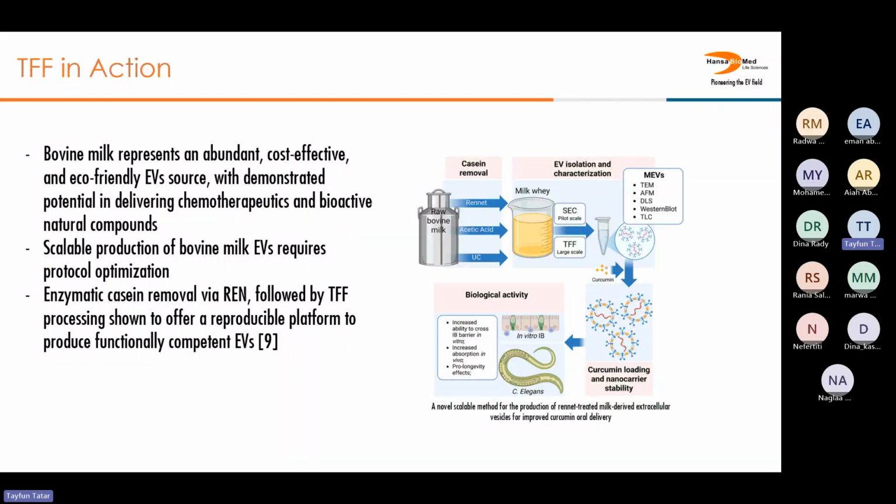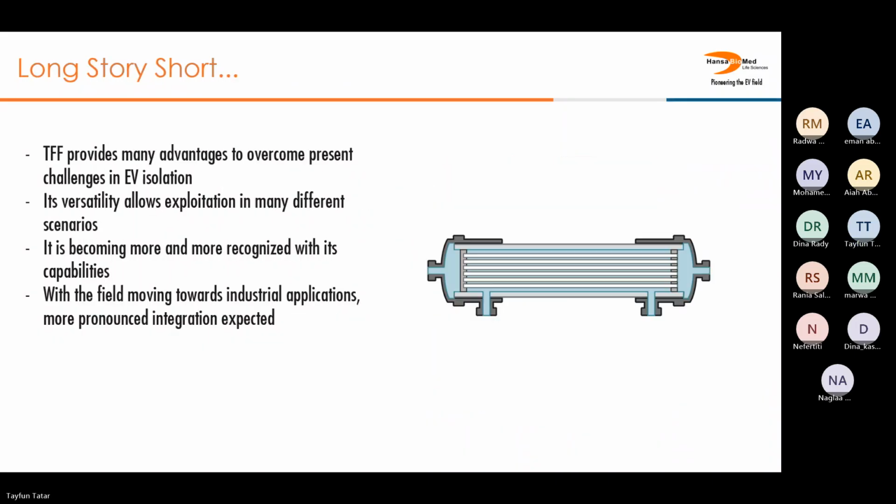And this study recommends a combination workflow which starts with enzymatic casein removal using RNet, and then this is followed by tangential flow filtration as a scalable purification and concentration method for EVs. And these were all the examples I would like to present.